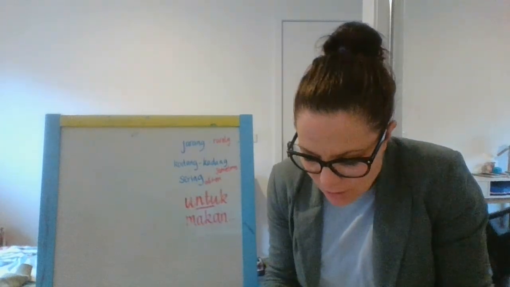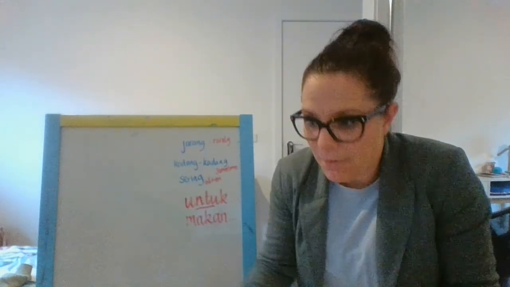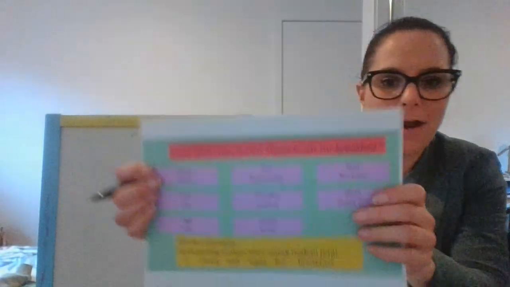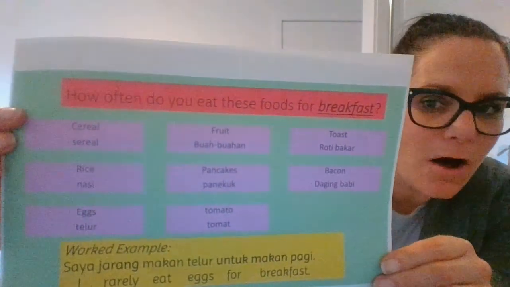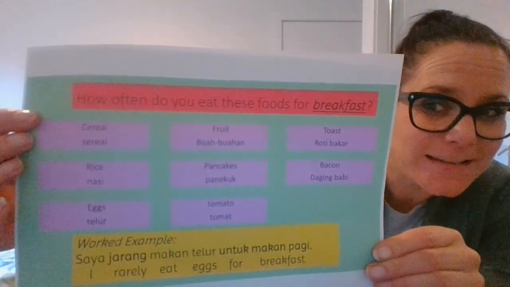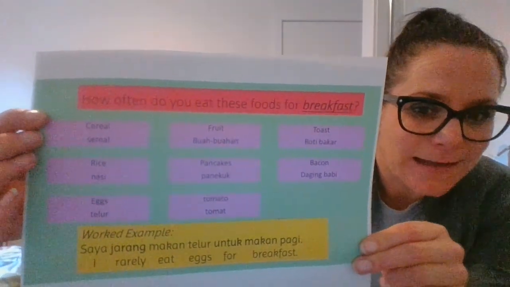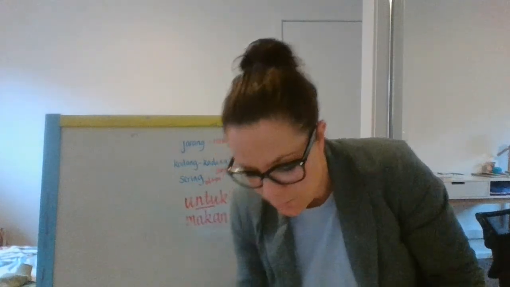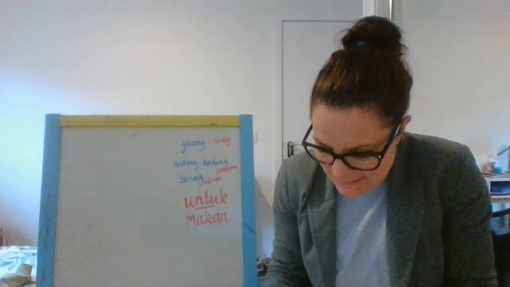So have a look on the breakfast page, and the breakfast page has a whole heap of foods for you to choose from. So choose from just those foods that I have provided you with in the slides. So telur was the word for eggs.